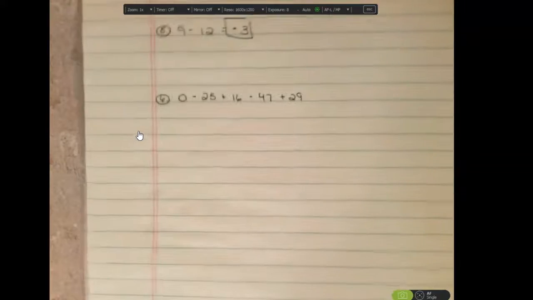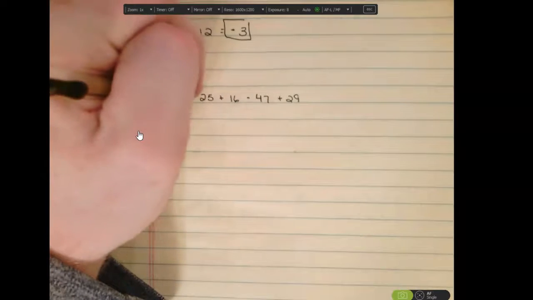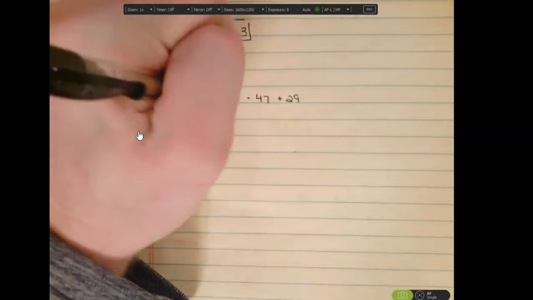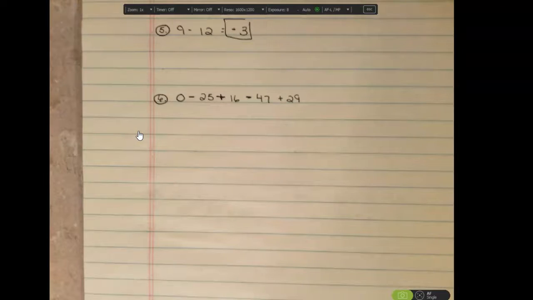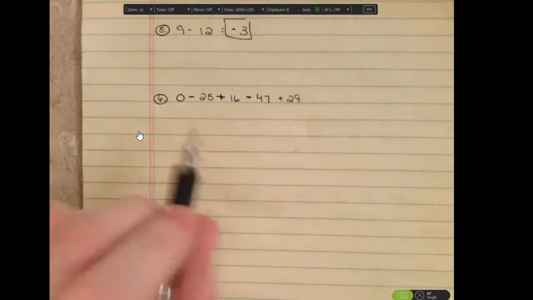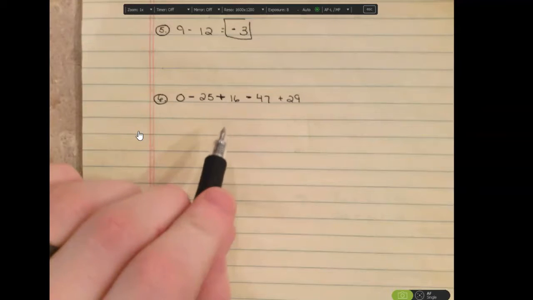Last question, number 6. So guys, with number 6, I added a couple extra numbers here. We're going to put a lot of this together. So I've got 0 minus 25 plus 16 minus 47 plus 29. And guys, with number 6, you can't just jump around and start wherever you want in this problem.